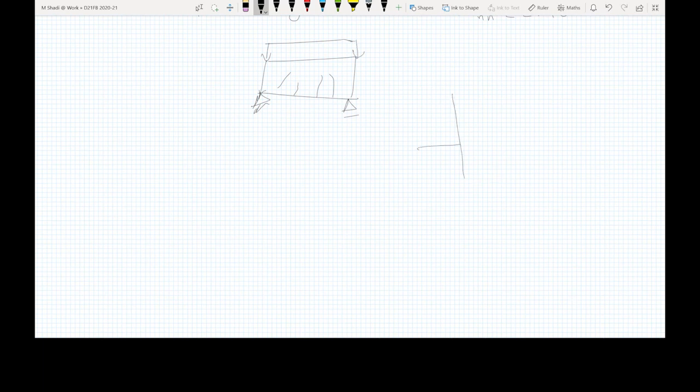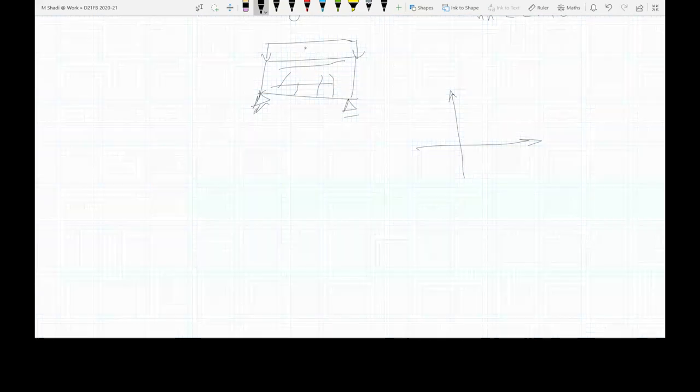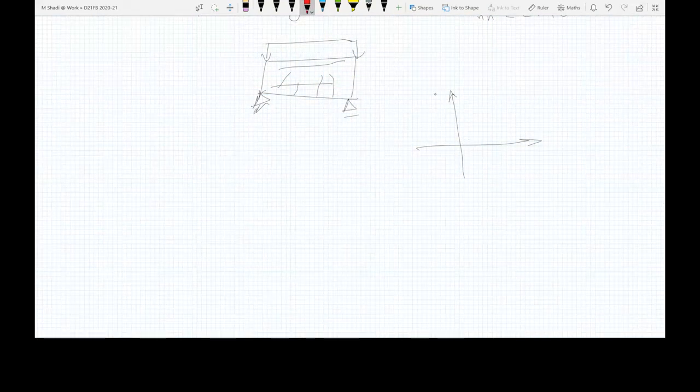So let us try and draw this behavior. I'm just going to show you roughly how this is going to behave. Obviously this is not exact behavior, but it is just to give you a rough idea of how this would happen. Now, assume that there will be reinforcement in there, probably bars at the top and the bottom, and you want to load this.